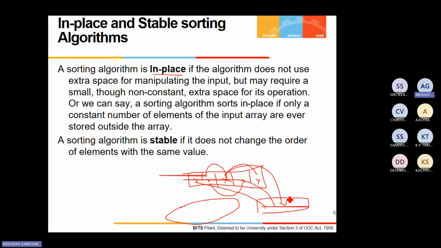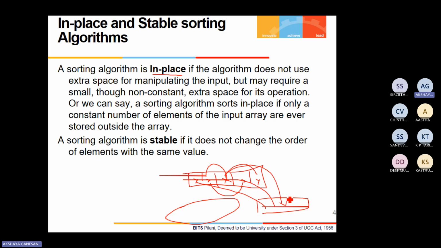A sorting algorithm is called stable if it does not change the order of elements with the same value. That is, if the position is already known, right? We don't keep changing it. So in the first place itself, you reduce.